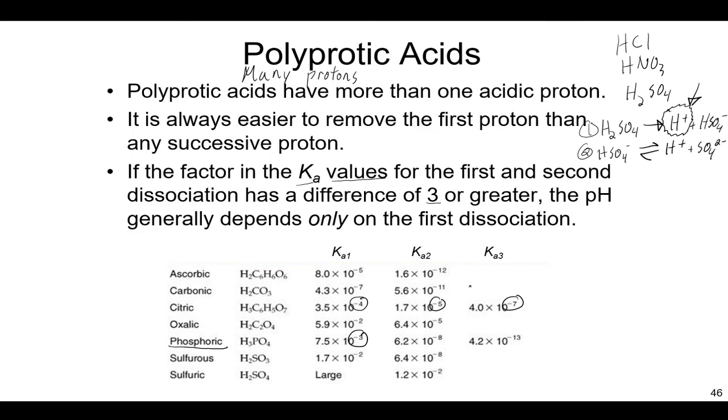Okay, so those are polyprotic acids where they have more than one acidic proton, and it's always easier to remove the first. The acid is stronger with the first dissociation than any successive dissociation. And we only really worry about these successive dissociations in the event that the Ka values are closer than, say, a factor of 3. That's the approximation I like to use.